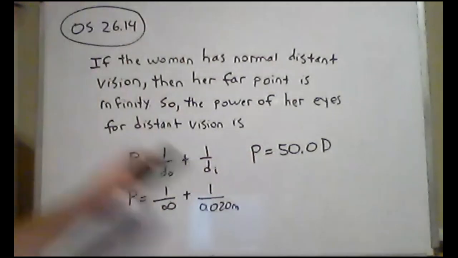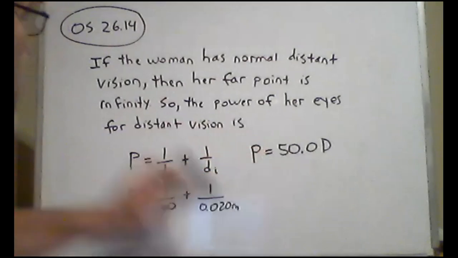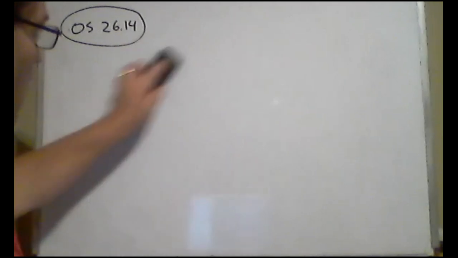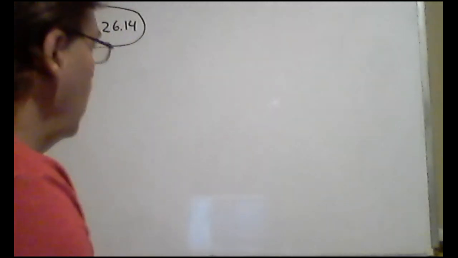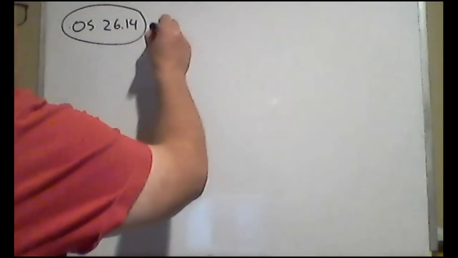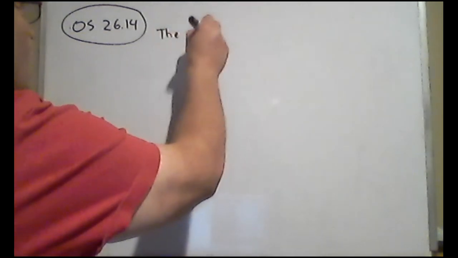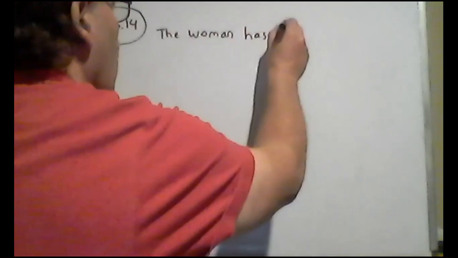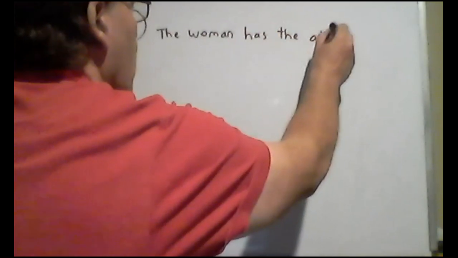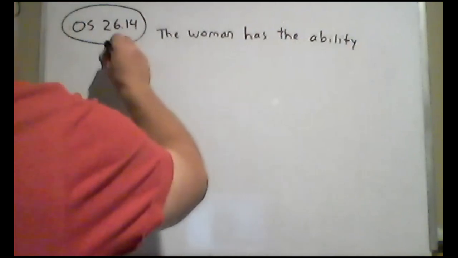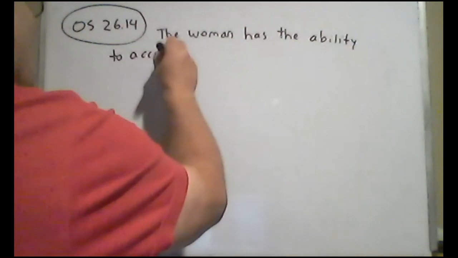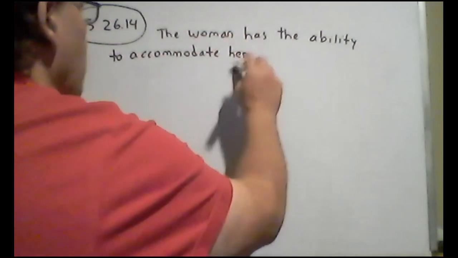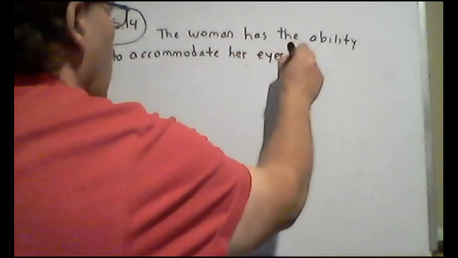So her fully accommodated power would be 1.10 times this. So the woman has the ability to accommodate her eyes by 10%.